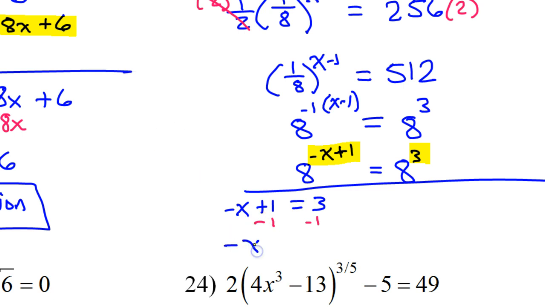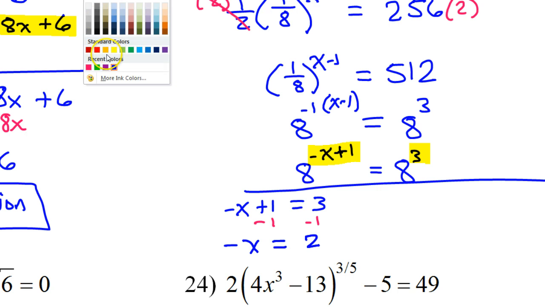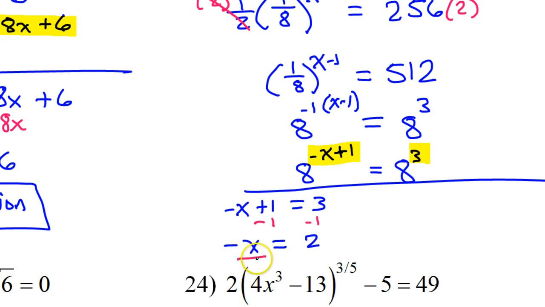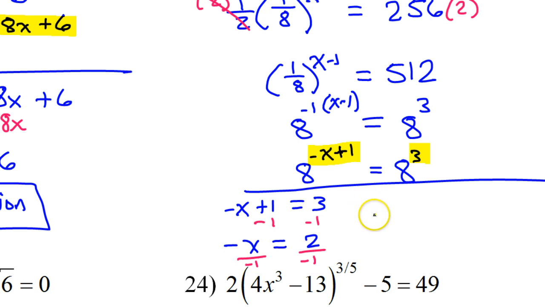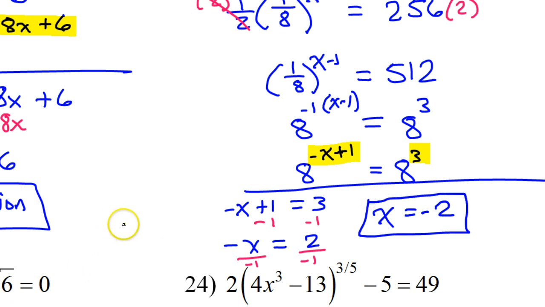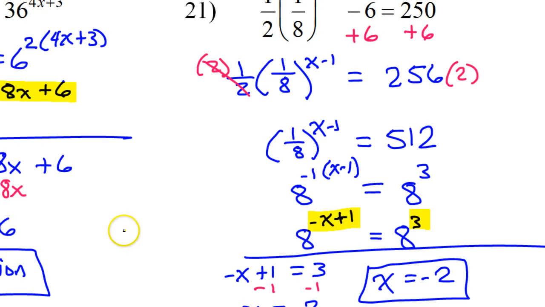That'll give me negative x equals 2. When I divide both sides by negative 1 to make x turn positive, that's going to give me x equals negative 2. So that is the answer to number 21.